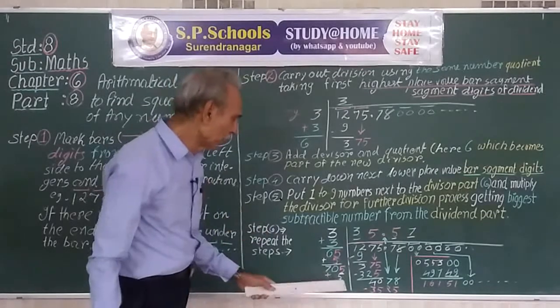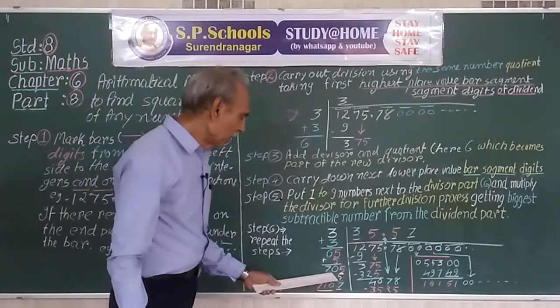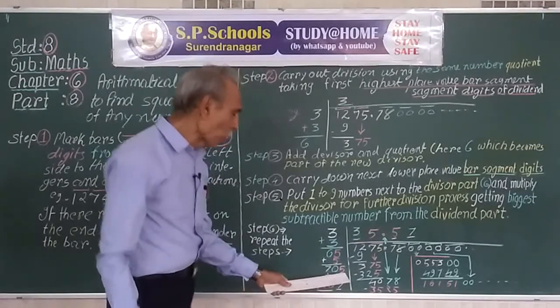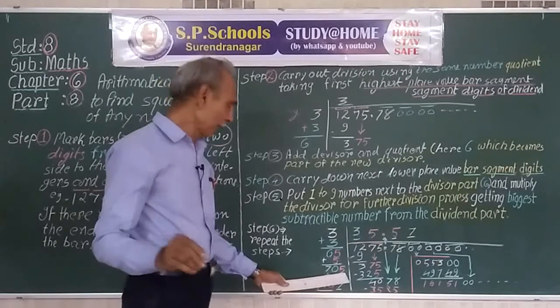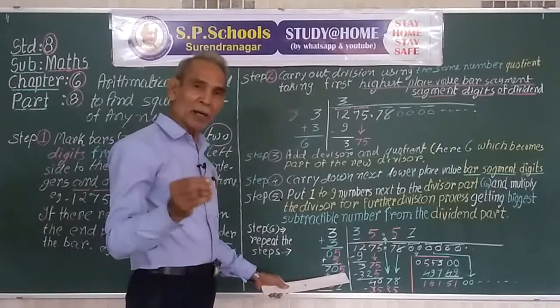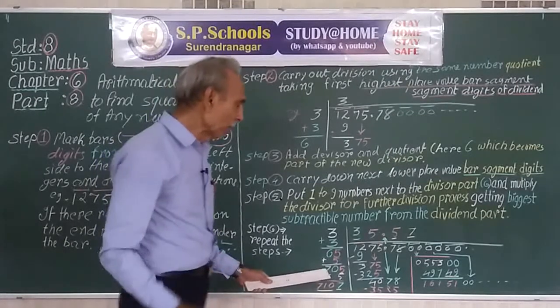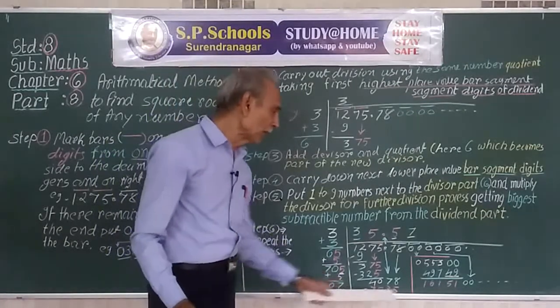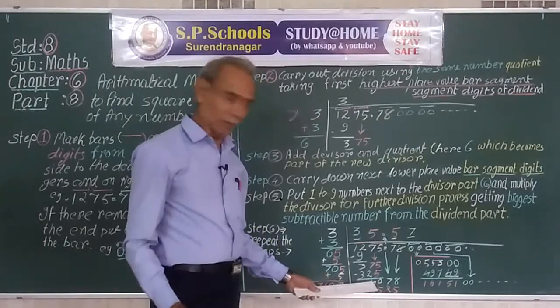the divisor. See, the divisor goes on changing every step. Next to the divisor, you go on putting 1, 2, 3, 4, 5 like that, and get the highest number which, multiplied with the new divisor, becomes the highest subtractable number from the new dividend part.